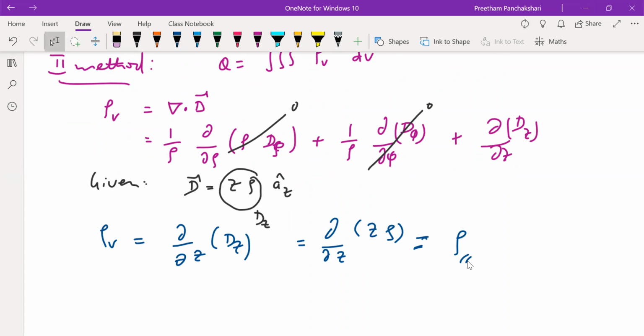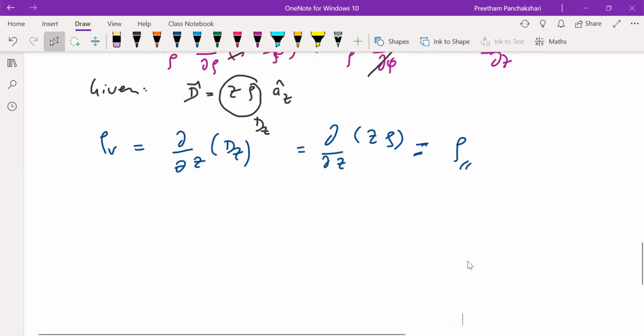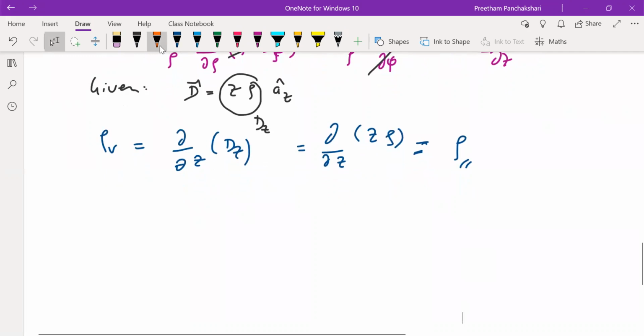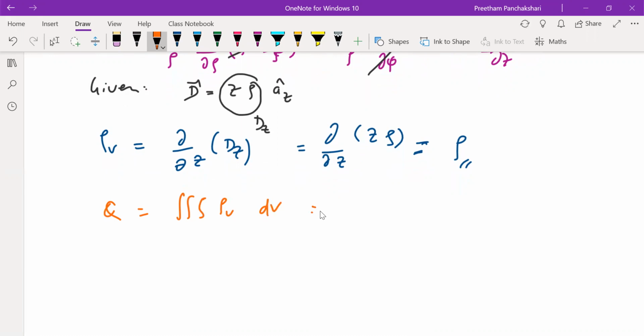Next, we have to integrate the rho to get the total charge. Triple integral of rho v dv, that is equal to triple integral of rho.